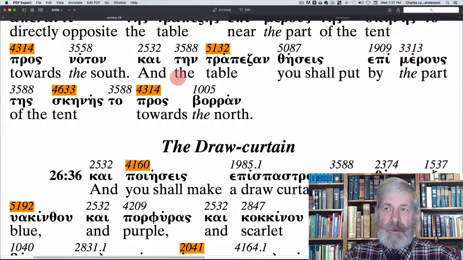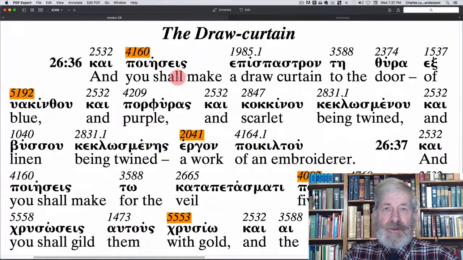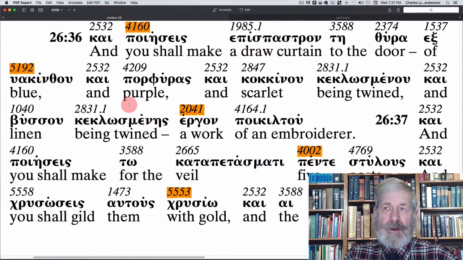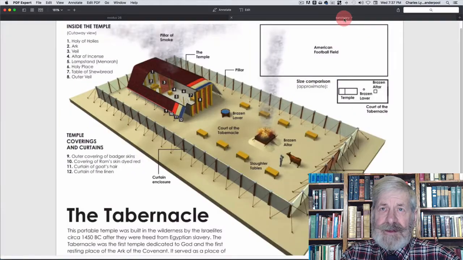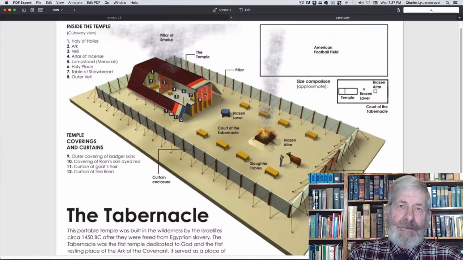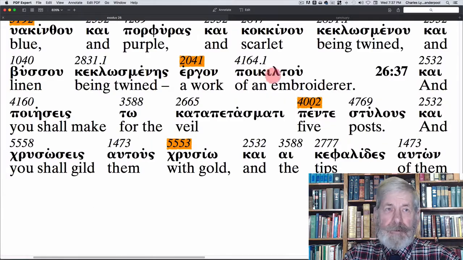And the table you shall put by the part of the tent towards the north. And you shall make a draw curtain to the door of blue and purple and scarlet being twined and linen being twined, a work of an embroider, and I think it's talking about this part right in here in the front. And that would be the draw curtain, the doorway.